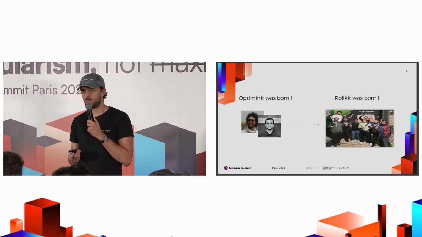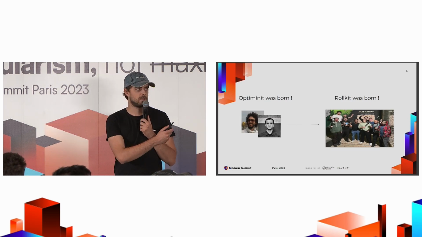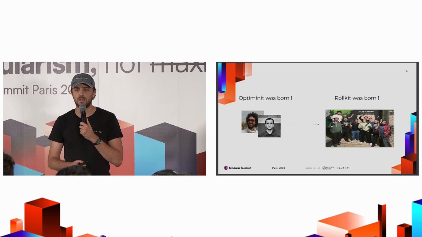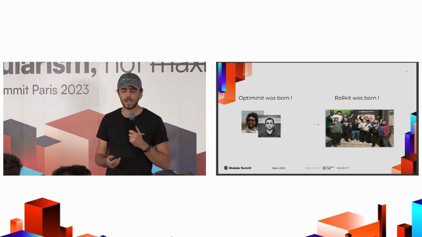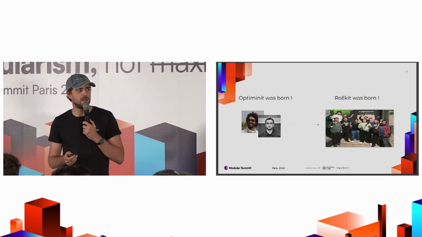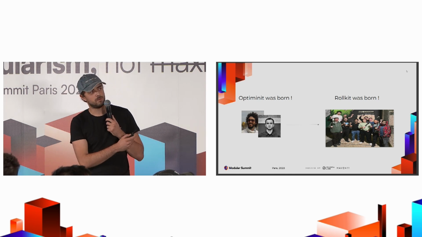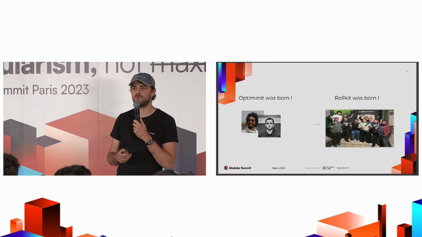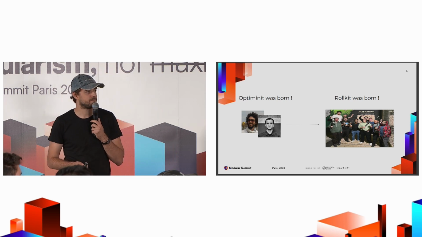So Optimint was born. In the first years, Ismail and Tomas were working on it, but in the last year we expanded and rebranded. The team grew. We are Rollkit. We rebranded because we will not only support optimistic rollups, but in the future ZK rollups as well.